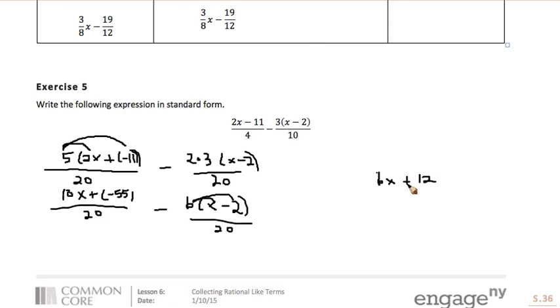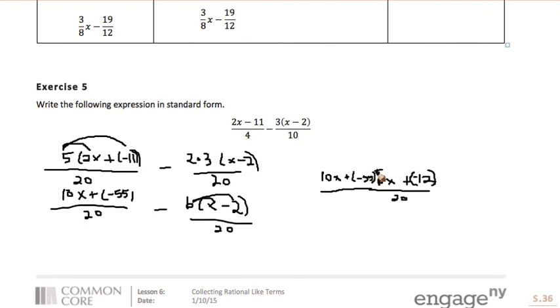Or at this point, I'm just going to change that to addition and change the sign of the number after it. And I'll take my first term and write it in here as well. So we have 10x plus negative 55 plus 6x plus negative 12.